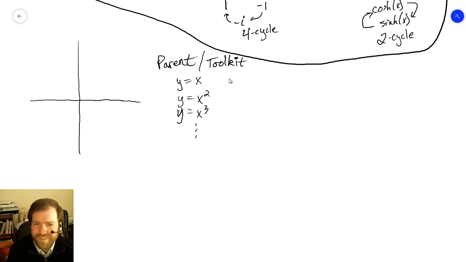Generally speaking. All right, so y equals square root of x, y equals cube root of x, and you keep going again, but again, we don't. This is pretty much as far as we go with that. Let's see, what else do we do? Rationals. 1 over x, 1 over x squared.